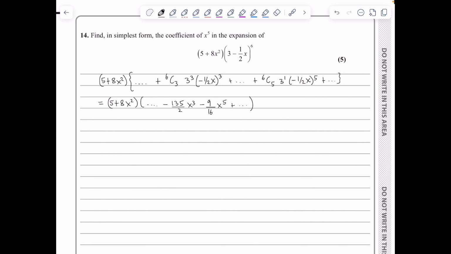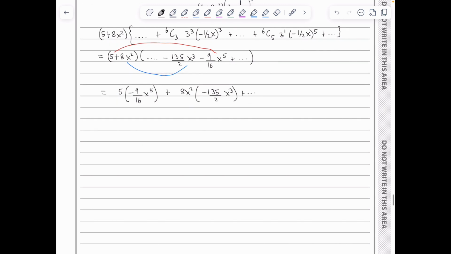Remember, we're trying to find the overall x to the 5 term here, so it's going to be the constant times x to the 5 and the x squared times x cubed, leading to 5 times the minus 9 over 16 x to the 5 plus 8x squared times minus 135 over 2 x cubed plus dot dot dot.